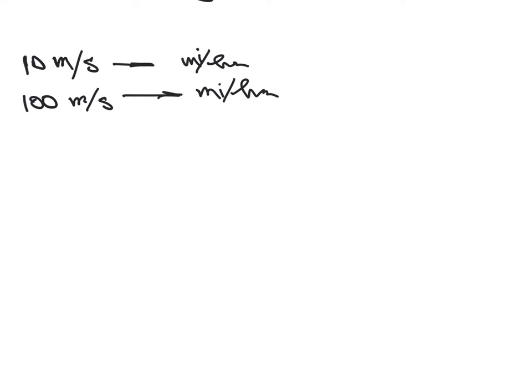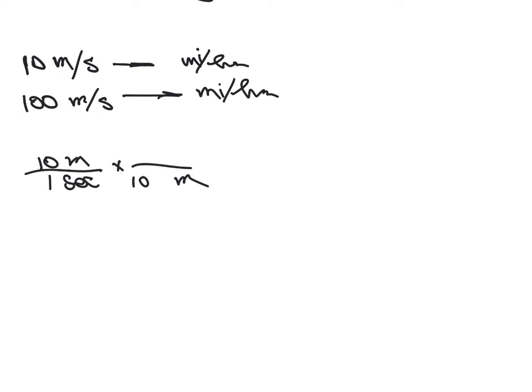So let's take the 10 meters per 1 second times a line. And we are going to have to convert both meters and seconds to miles per hour. So let's do meters first. So meters goes down here. Do I know anything about meters and miles? I do not.